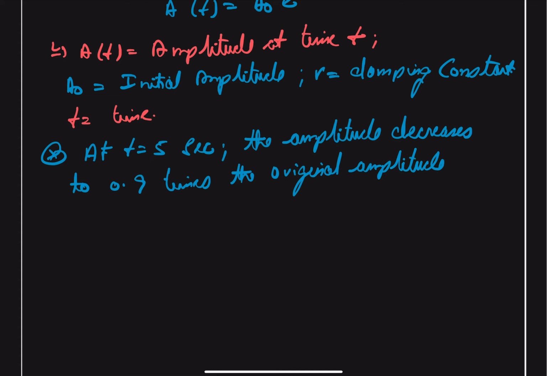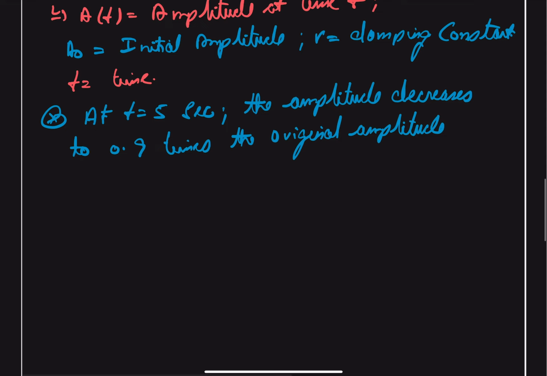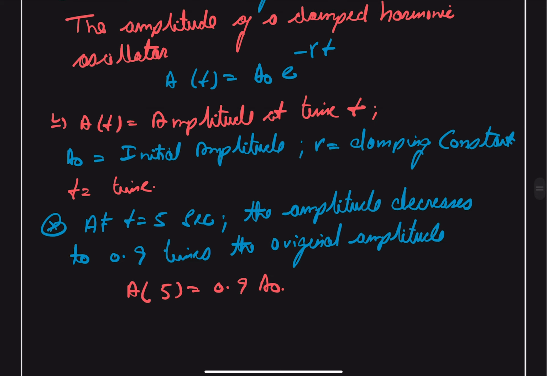Therefore, we can write that our A of 5, substituting the value of t as 5, will be equal to 0.9 times A naught. Let us call this equation number 1.